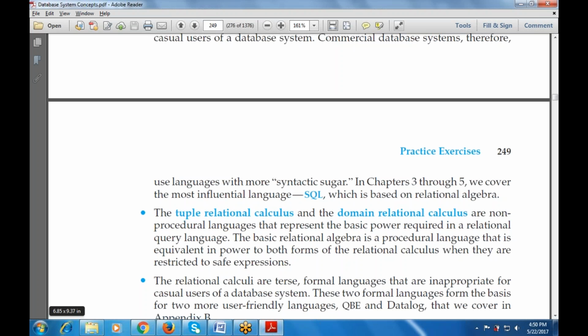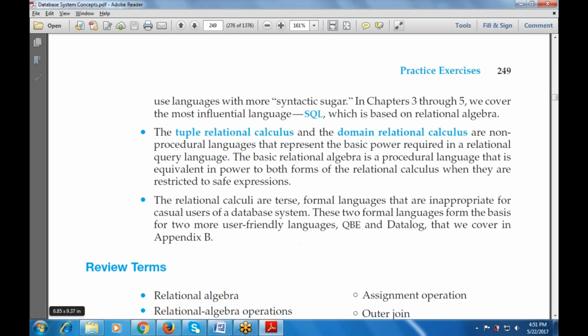The basic relational algebra is a procedural language that is equivalent in power to both forms of the relational calculus when they are restricted to safe expressions.